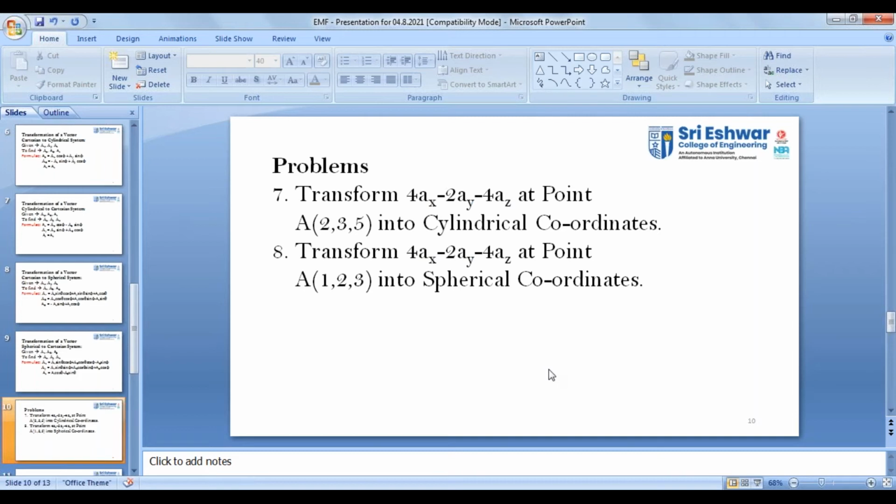Note down both, we will come to the board later. Eighth problem is transform 4ax minus 2ay minus 4az, the same vector, at point A 1, 2, 3 into spherical coordinates.